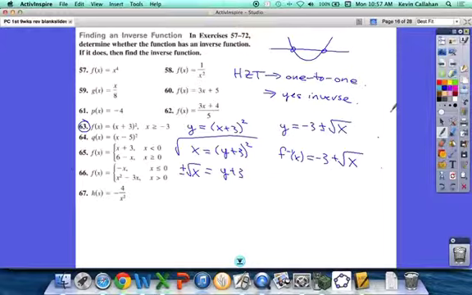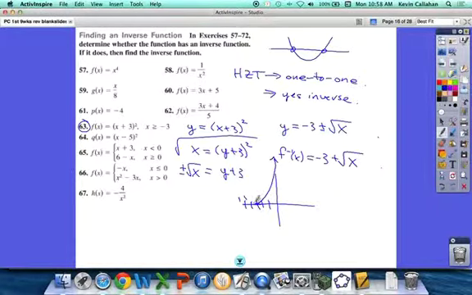Right. So remember, this right here is a parabola with the vertex on the x-axis like this. But the fact that they said for x greater than or equal to negative 3 means don't draw both sides of the parabola. Just draw the part that starts at negative 3 and goes up from there. If you drew the whole parabola, it wouldn't pass the horizontal line test.